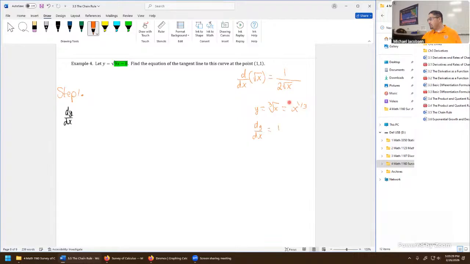Differentiate x to the 1/3. You get 1/3 x to the power of, you have to subtract 3 over 3, so now it's negative 2/3. So then it becomes 1/3 x to the power positive 2/3, when moved into the denominator. But that means altogether, if we bring this back in radical notation, it's 1 over 3 cube root.